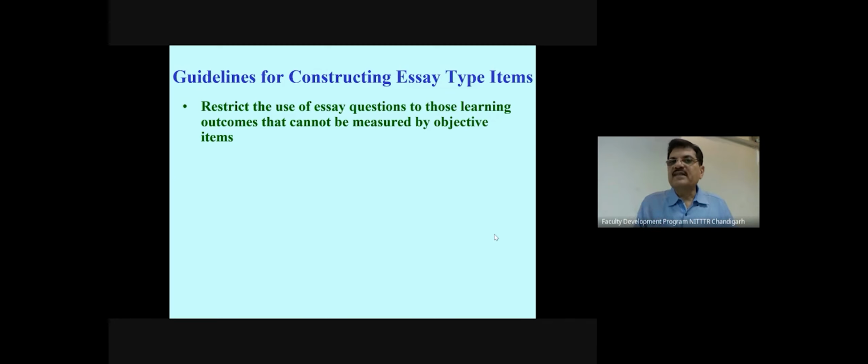Restrict the use of essay questions to those learning outcomes that cannot be measured by objective items, meaning higher mental ability questions. Which are the higher mental abilities? Applying, analyzing, evaluating and creating. For those learning outcomes, these are the most suitable items, because in analyzing, evaluating and creating the student requires more freedom.